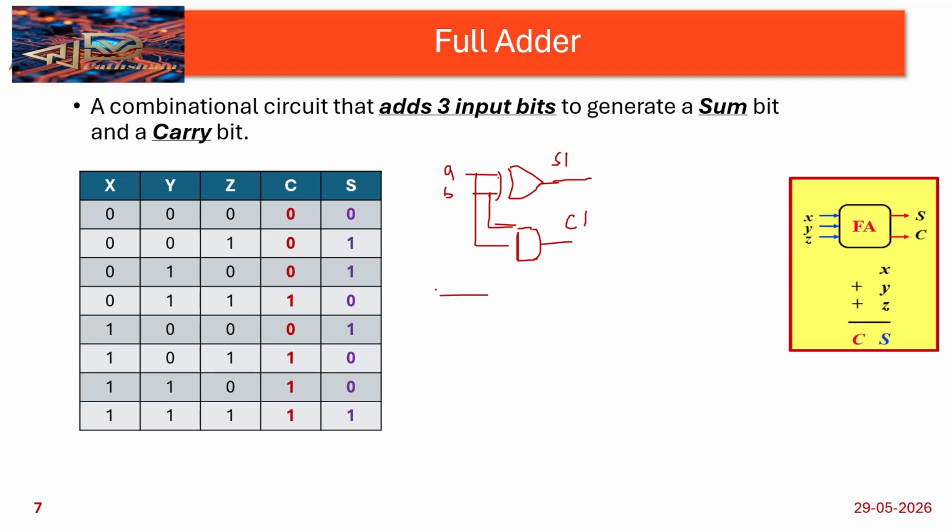Another input, Cin, I am considering here. This is my Cin, and I want to connect another XOR gate. This S1 is connected as input A, that is .A of S1. This S1 is the internal wire and A is the actual input for this XOR gate.